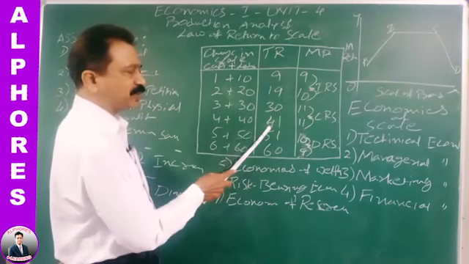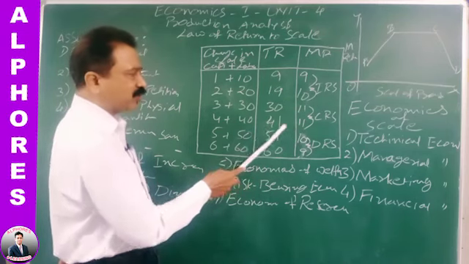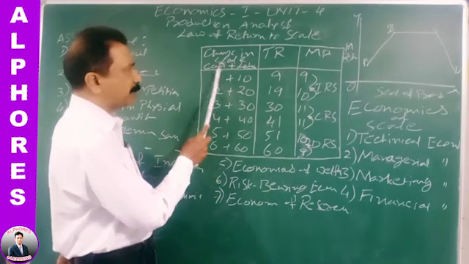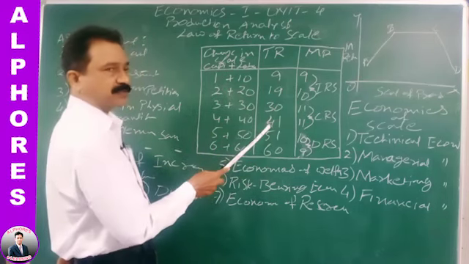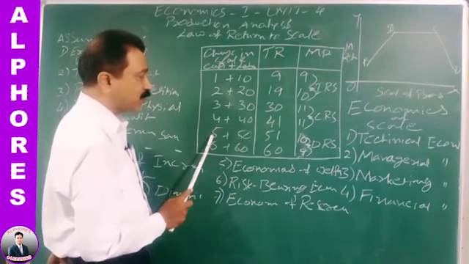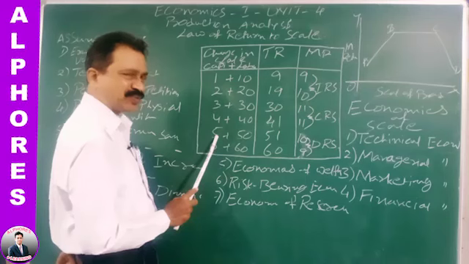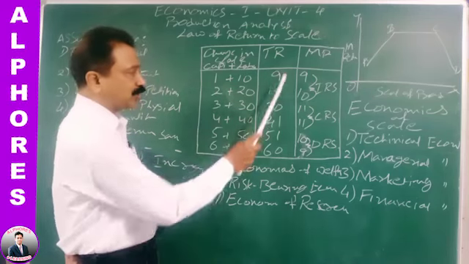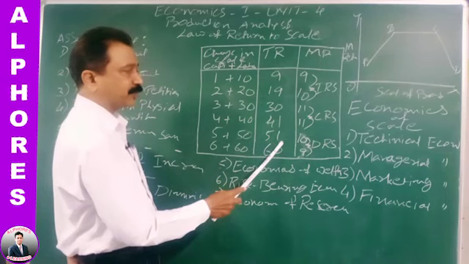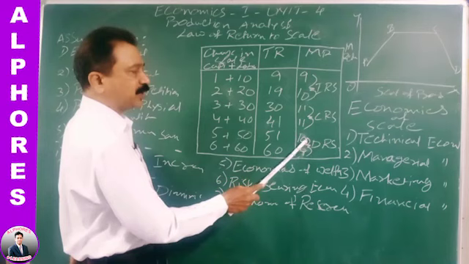This is its limit. Even the organizer has a limit. Even technology has a limit. By changing capital and labor, we pushed it up to a limit. So here constant returns. Next, 5 lakhs of capital, 50 labor. The total returns are 51. How do we get the marginal returns? 51 minus 41. The marginal returns are 10.